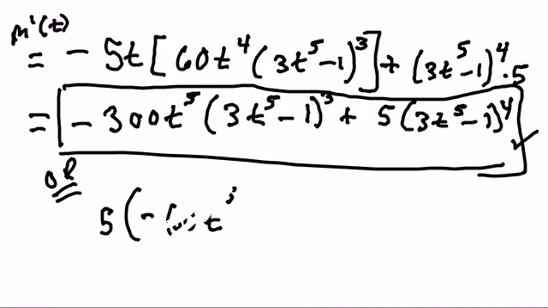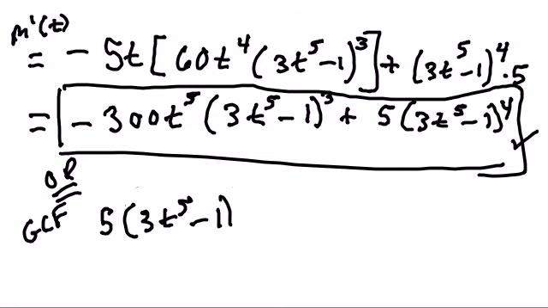We could factor not just a 5, as I said earlier, we could also factor the 3t to the fifth minus 1. So the greatest common factor, GCF, is going to be 5 times 3t to the fifth minus 1, and we can do 3 of those.